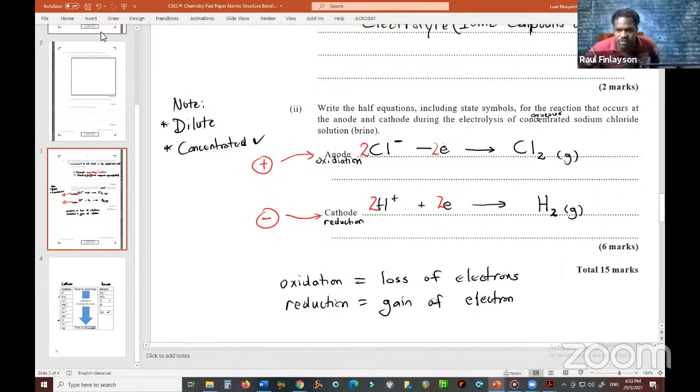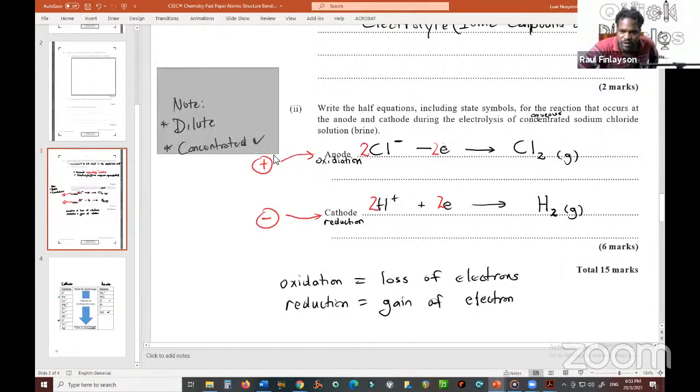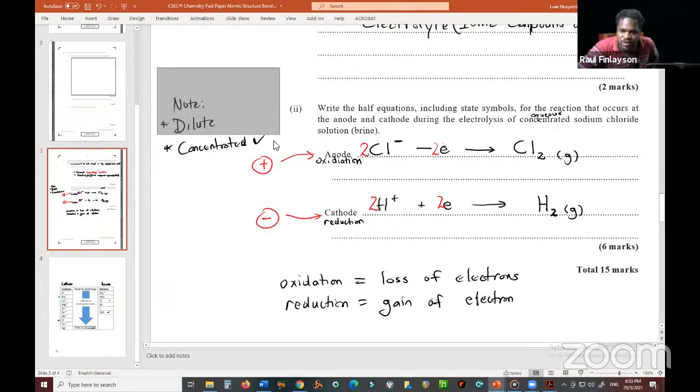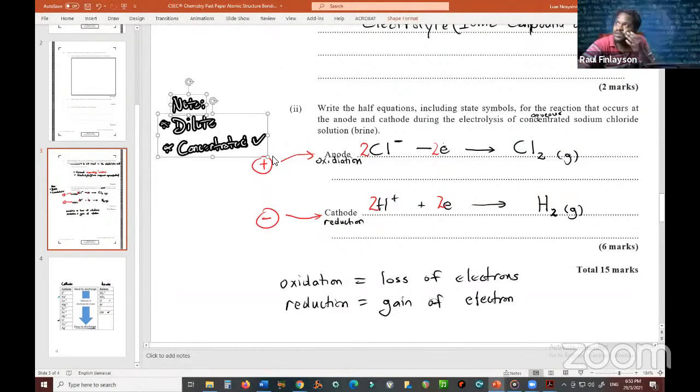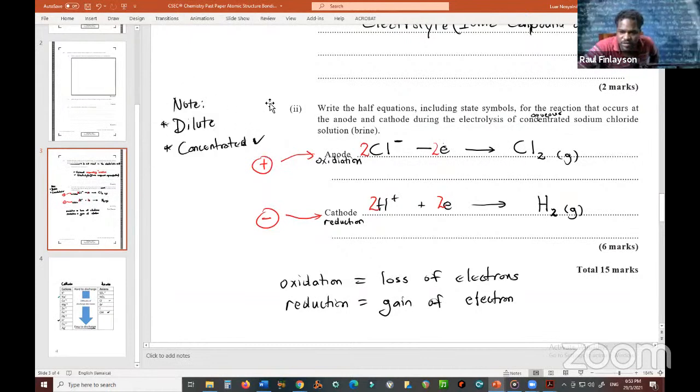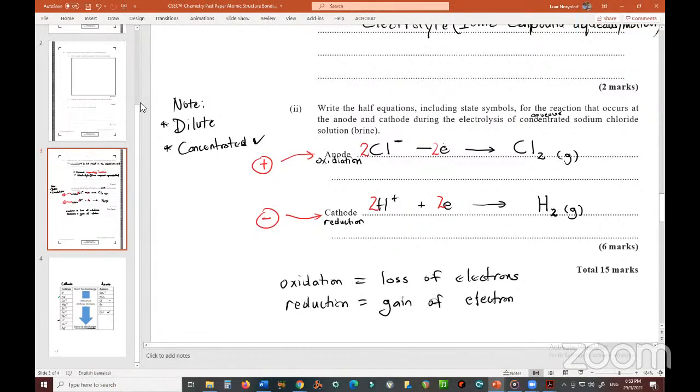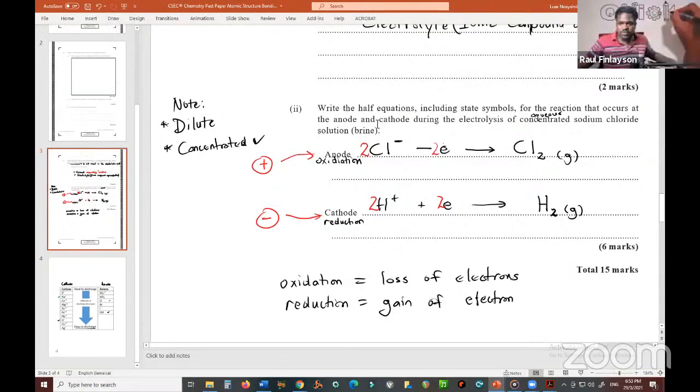All right, so just a couple of points to remember, guys: look out for the word dilute or concentrated. We're going to talk more about this in future classes. So any questions here, guys? No, sir. All right, that's it.